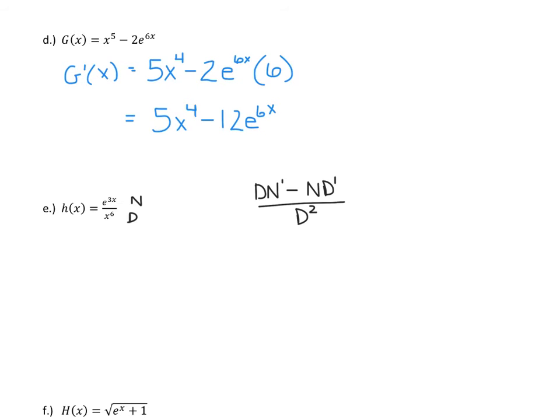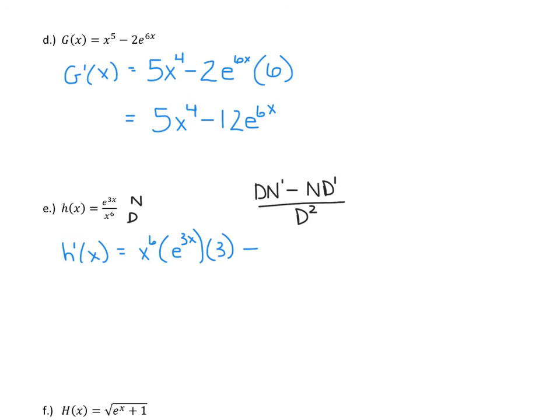So here when we go to find h prime of x, we have the denominator, which is x to the 6th, times the derivative of the numerator. So we're multiplying by e to the 3x, and then the derivative of the function in the exponent. So then we're multiplying by a 3.